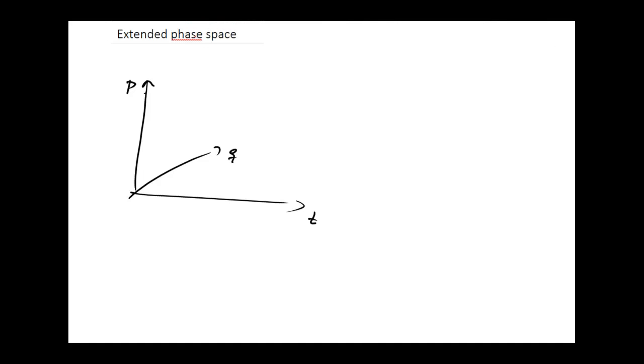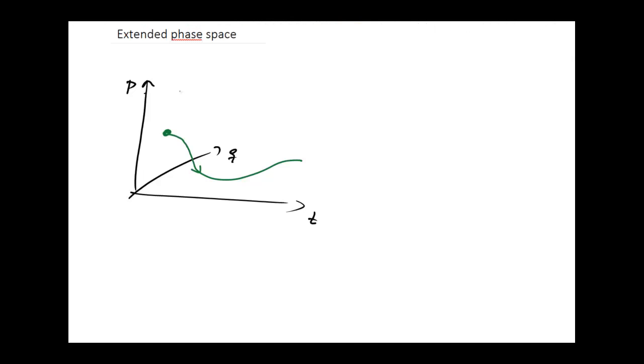Say at time t equal to 0, we have the initial condition that the system is somewhere here. And then as time evolves, we move to the right along the time axis, and the system moves also in phase space. So it will move along some trajectory in this extended phase space.